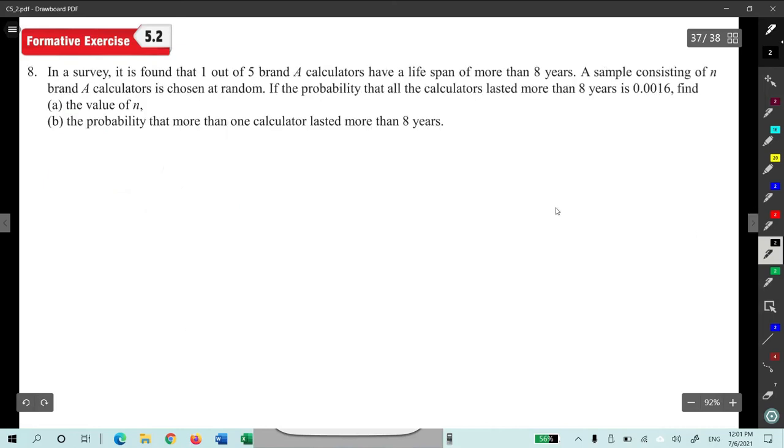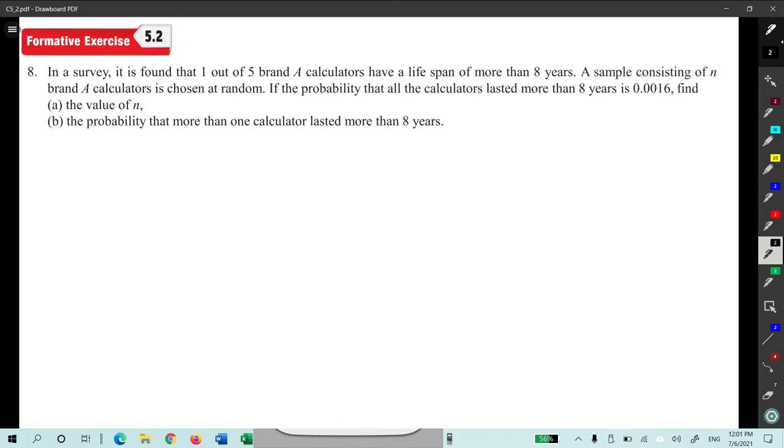Question number 8. In a survey, it is found that 1 out of 5 brand A calculators have a lifespan of more than 8 years. A sample consisting of n brand A calculators is chosen at random.